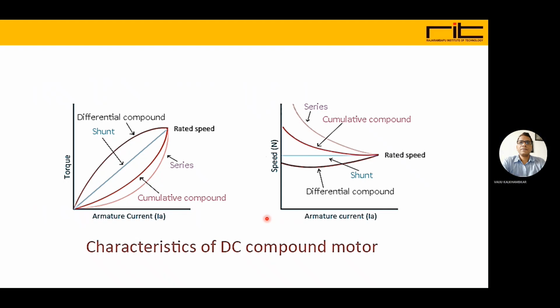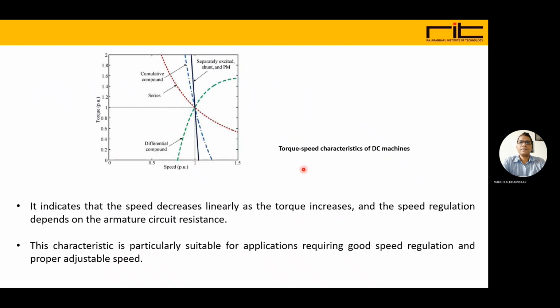Similarly, we can see the characteristics of the DC compound motor, that is the speed and armature current characteristics. Here speed is almost constant for shunt. Then we can see series, then cumulative compound and differential compound.